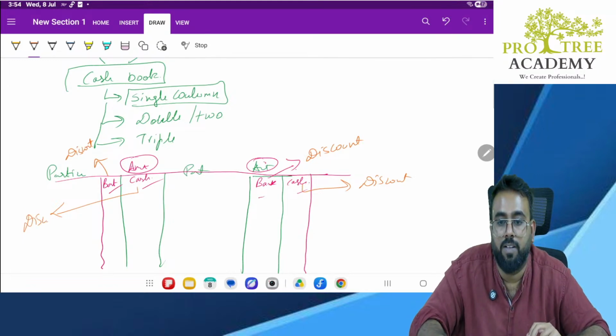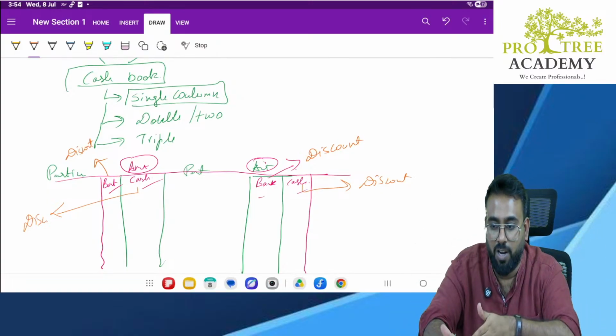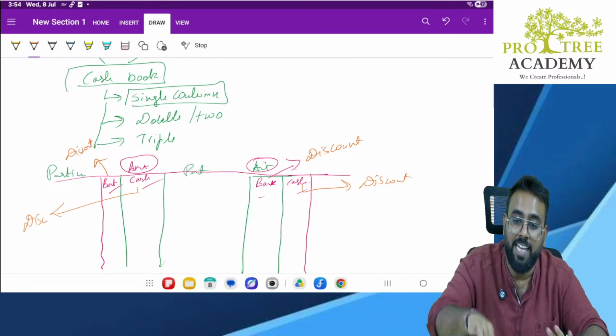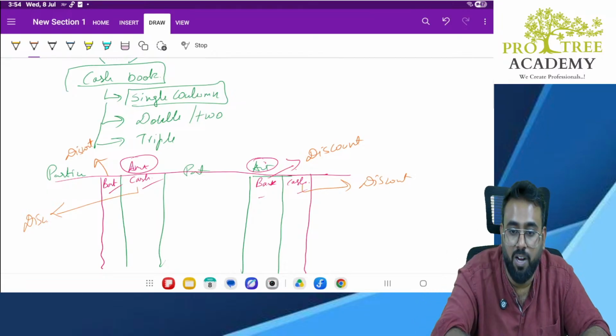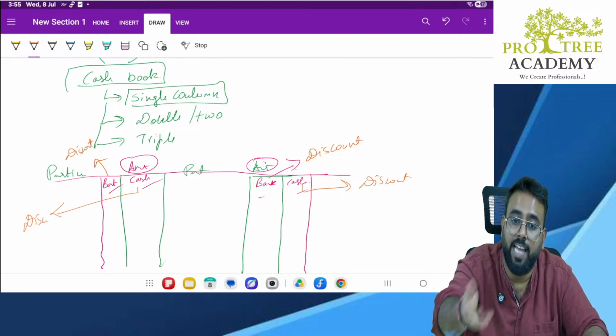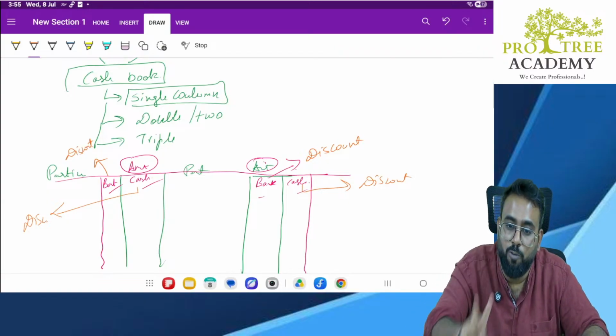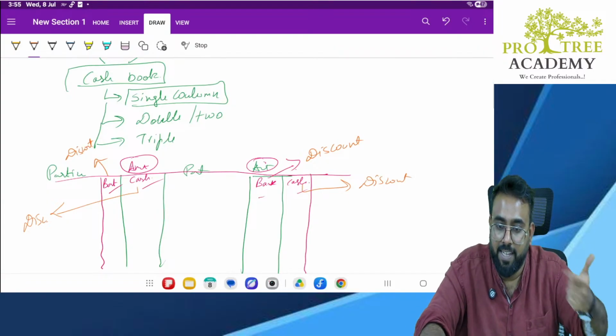So if there is no cash at all, then it will be bank and discount. If there is cash, then it will be cash and discount. It can be bank and discount, cash and discount, or cash and bank. But at a time only 2: either bank and cash, bank and discount, or cash and discount.